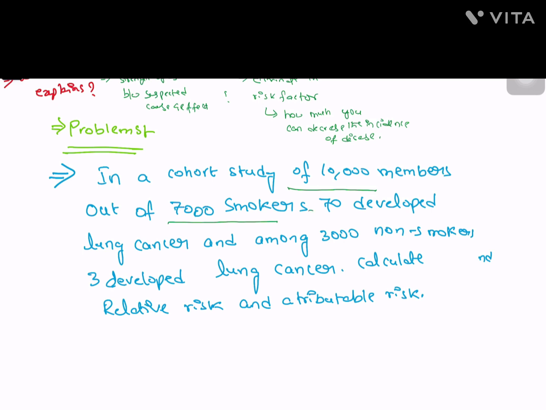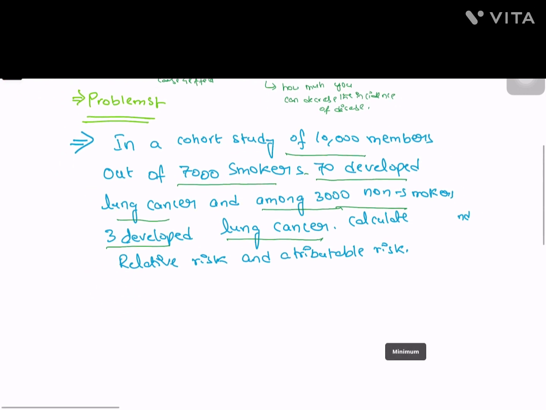Of them, 70 developed lung cancer. The remaining 3,000 are non-smokers, after subtracting 7,000 from 10,000. Of those 3,000, only 3 developed lung cancer. So calculate the relative risk and attributable risk.